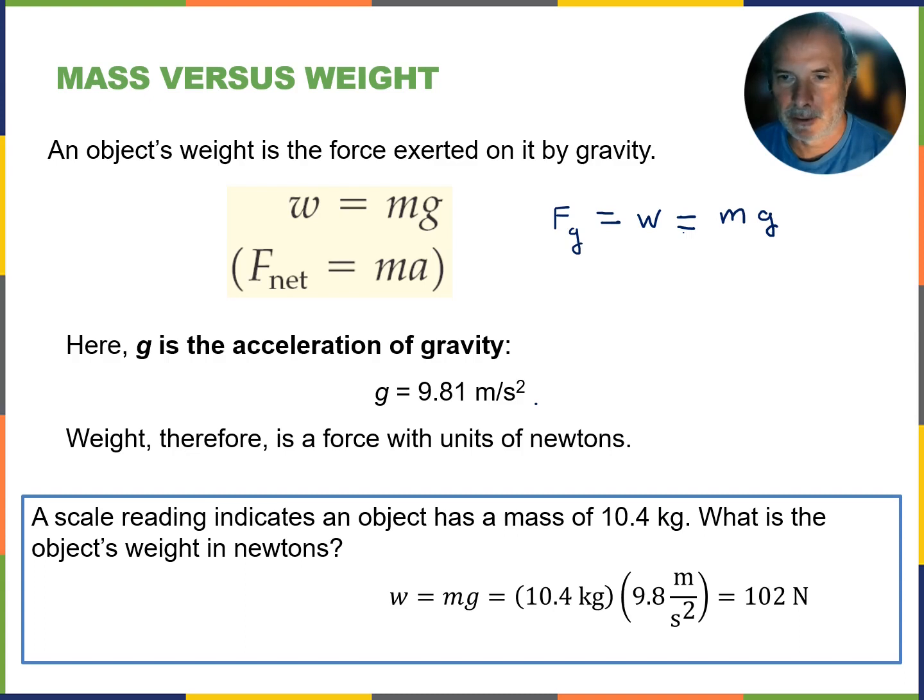That is, in this case, if it has 10.4 kilograms mass, its weight will be that mass times acceleration due to gravity, which we know is 9.8 meters per second squared. And then if everything went right with my calculator, you get the answer that the object's weight is 102 newtons.